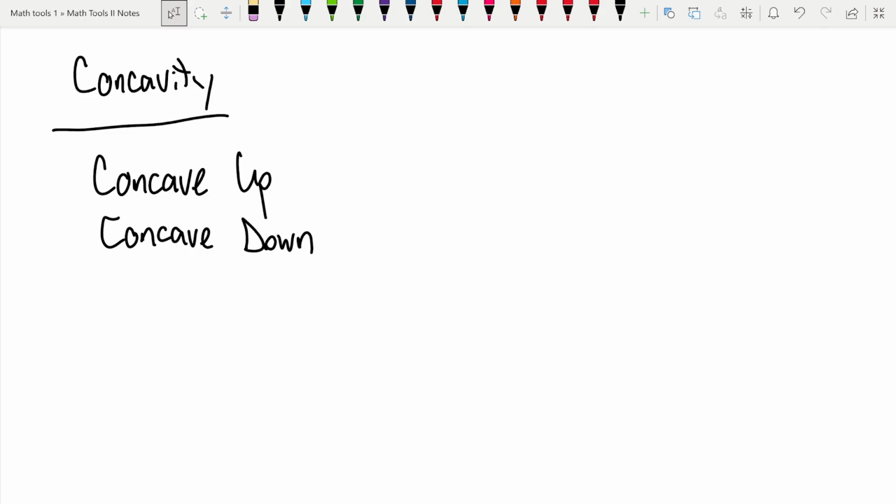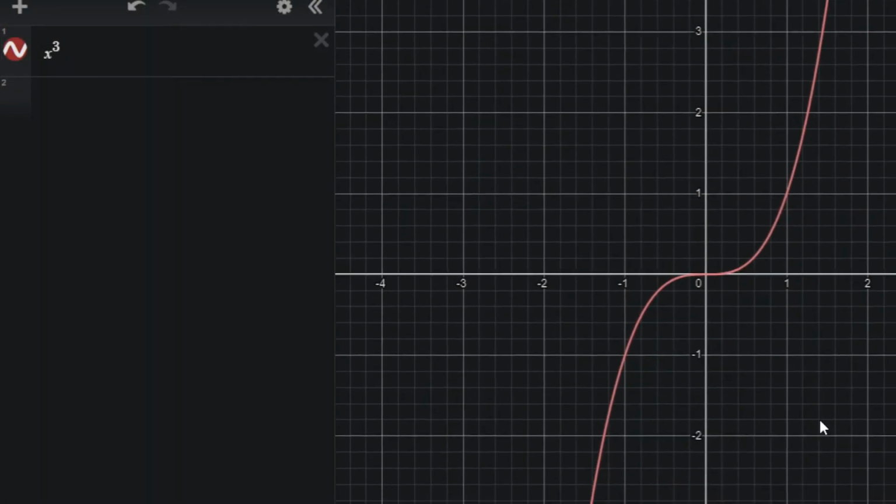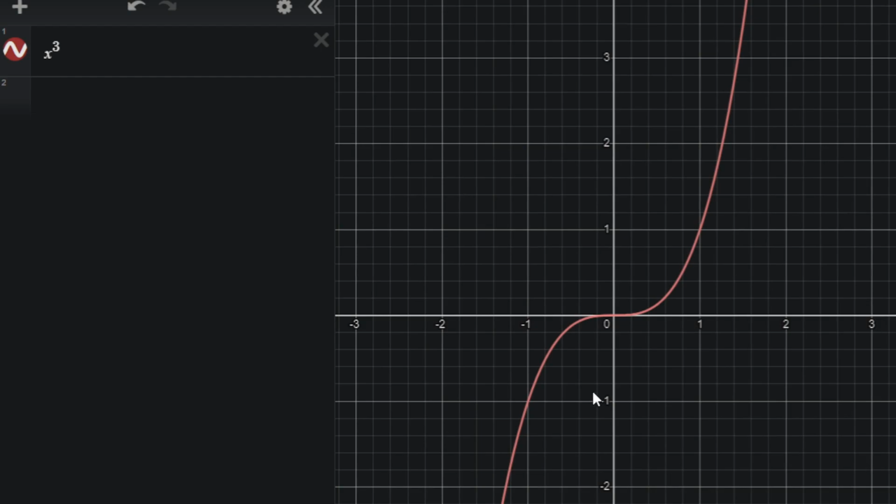So to illustrate this, let's take a look at the x cubed function graph first, okay? There's a clear distinction about how this function is curving to the left of 0 and to the right of 0. Namely, to the right of 0, it's opening upwards, and to the left of 0, it's opening downwards, right?